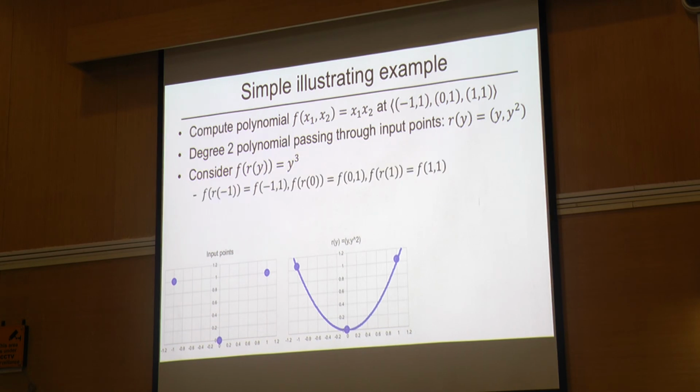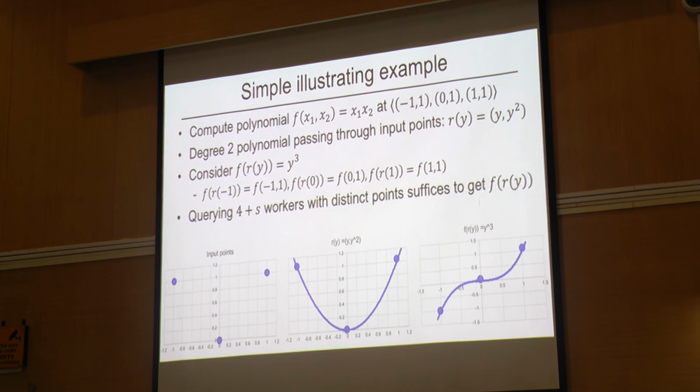Now note that if we put y as minus 1, 0 and 1 respectively, we get back the value of f at the 3 points that we need. So this f of r of y looks like this, and if evaluated at some specifically designed points, it will give back the f of x_i's that is needed.